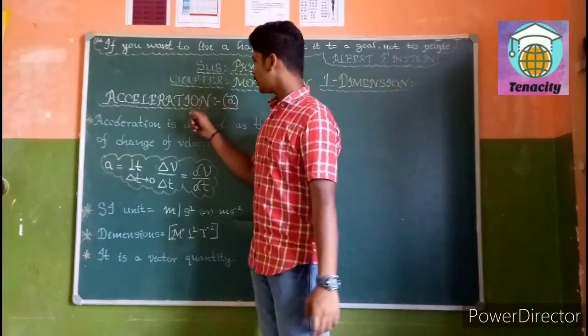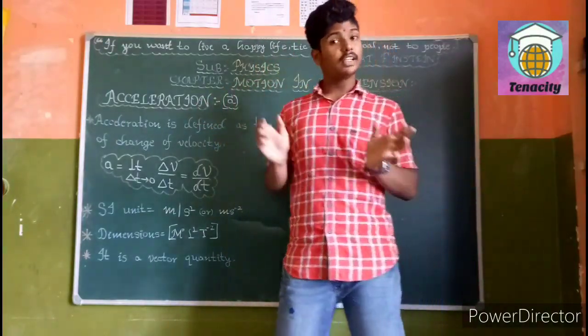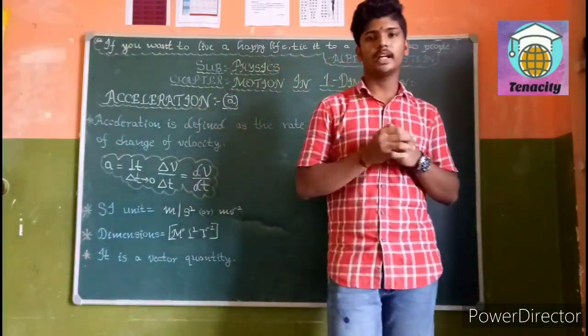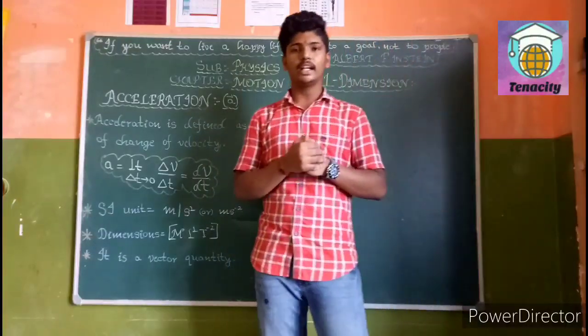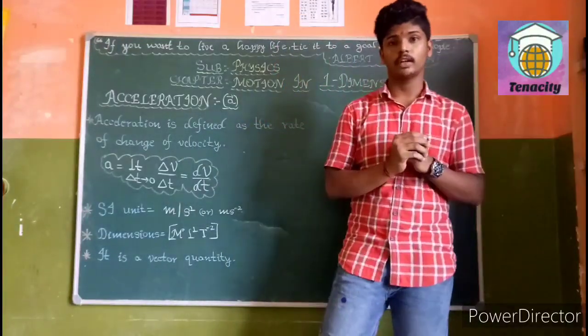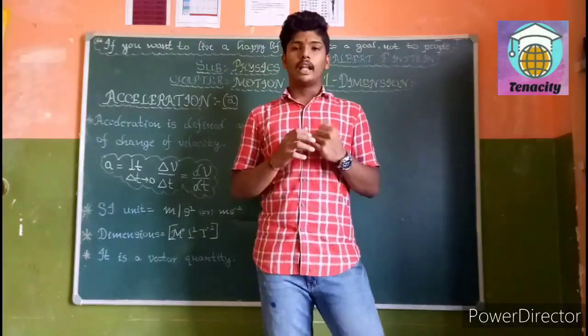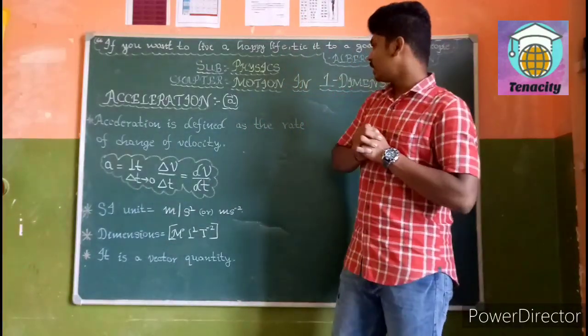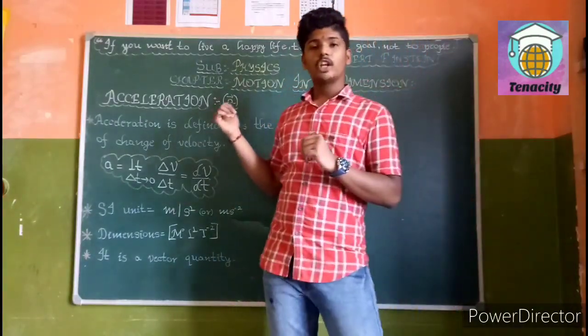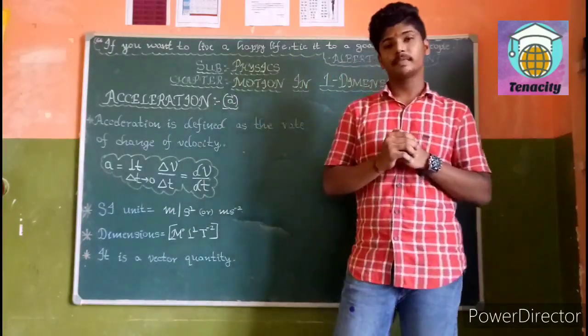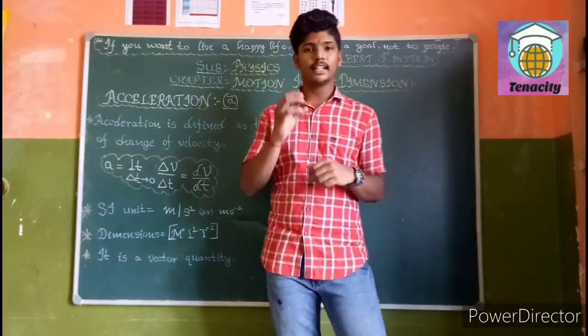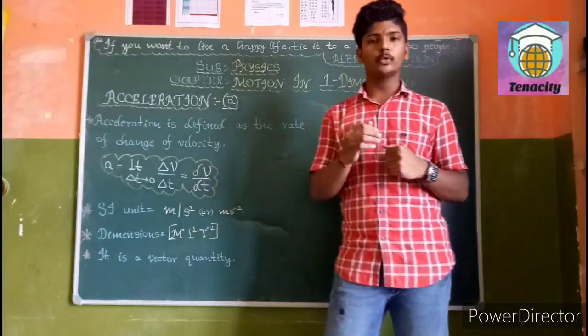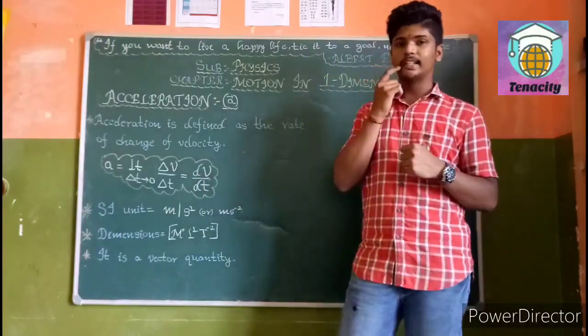So whenever they are saying acceleration, it should be clear that it is instantaneous acceleration. Likewise velocity, acceleration also has types, but when they say acceleration, you have to be clear that it is instantaneous acceleration.